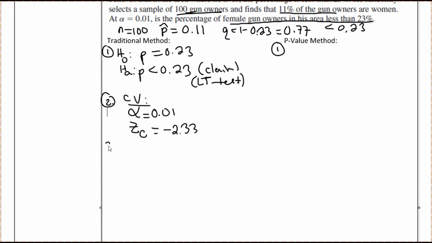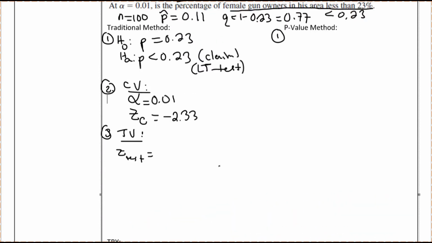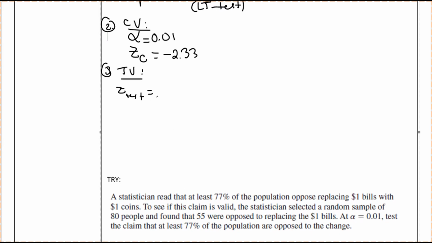Now we've got step 3, which is our test value. This is where we do the calculations. So we have Z test equals, we have our p hat, which they mentioned earlier, 0.11. I'm simply going to write down the numbers and not rewrite the formula. So we have 0.11 minus the p, 0.23, divided by the square root of PQ.